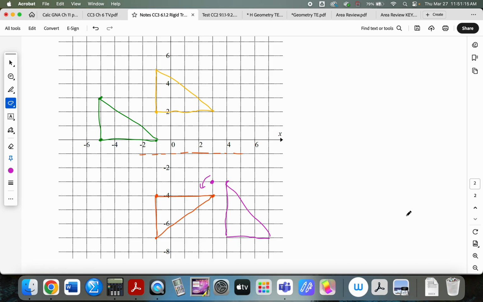Hold my paper still and rotate my paper counterclockwise 90 degrees. That's what you should be seeing. So you can see that this top point is now to the right of the point at which I'm rotating it around. I think for most people the rotations are the hardest ones to see. So again, rotate your whole paper to help you see that if you have difficulty with it at all.